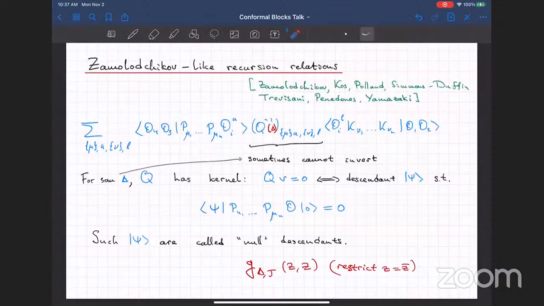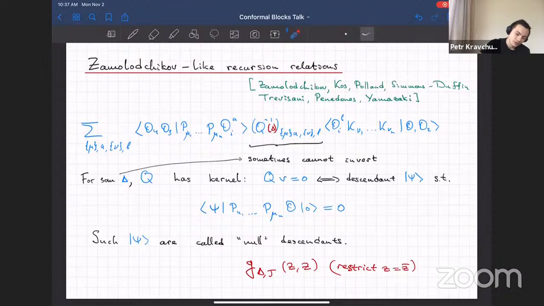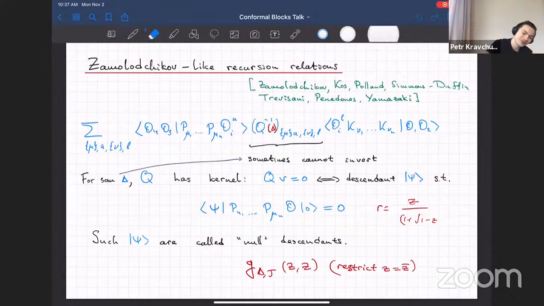Maybe just approximately. So you need to introduce a new variable r. It's z over 1 plus square root of 1 minus z squared. In terms of this variable, the expression is something like 1 over 1 minus r squared, and then there is, I think, a 3F2.